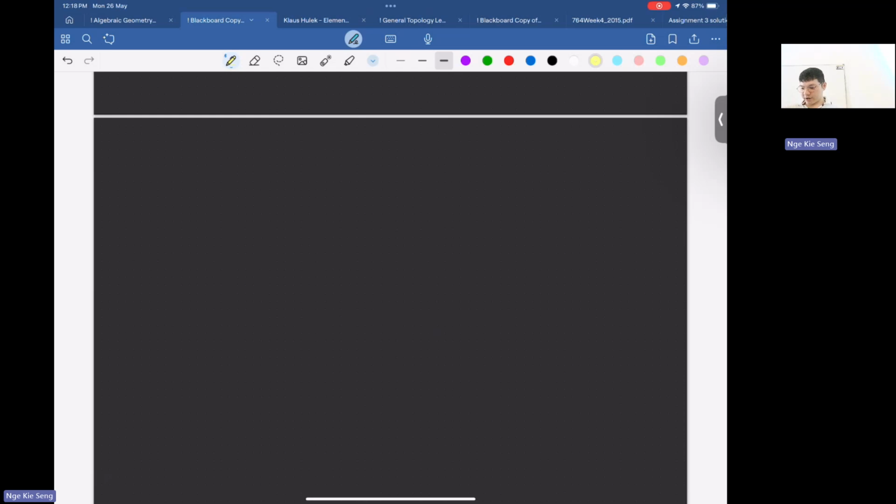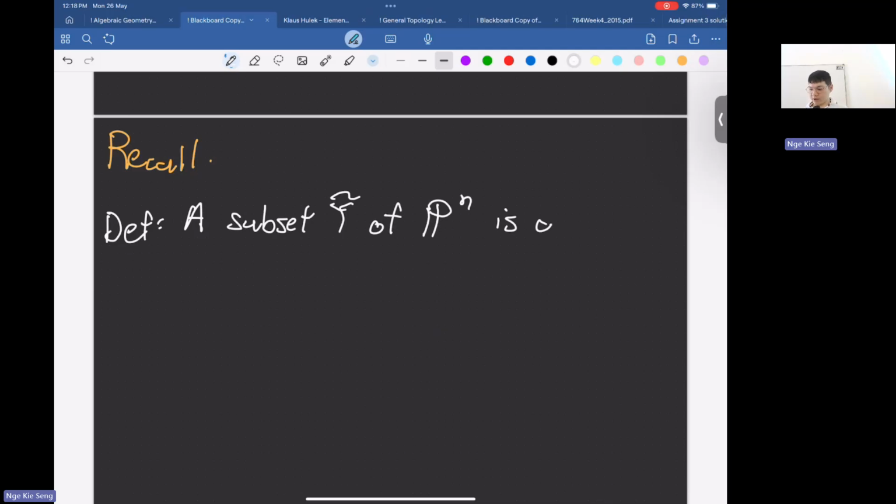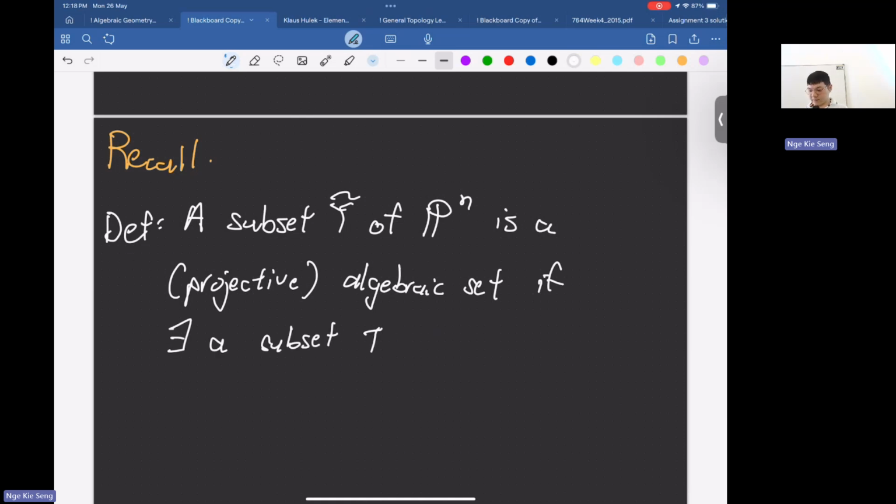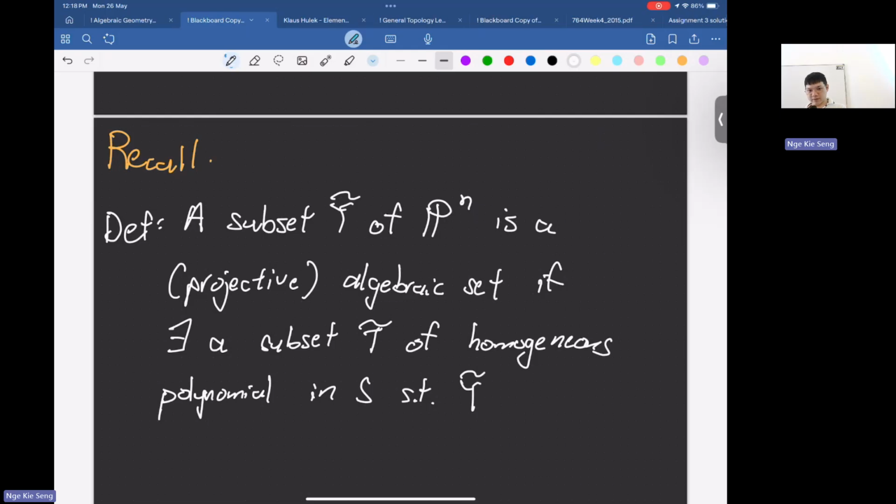Okay, so let's remind ourselves of what we did last time. Last time we defined a subset of Pn to be a projective algebraic set if there exists a subset T of homogeneous polynomials in S such that Y is equal to Z(T).